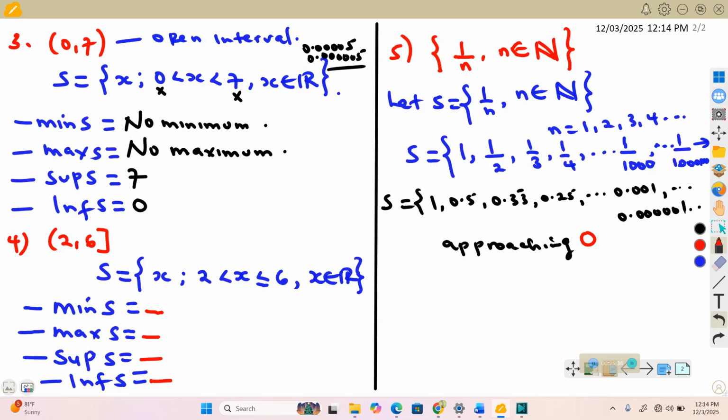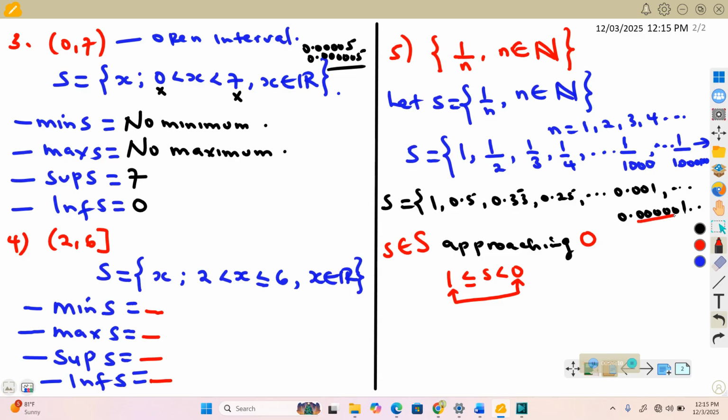So when you look at this set here, you realize this set consists of numbers where, if S is an element from this set, then S is within this range, from 1. 1 is part of this set, but the numbers are approaching 0, which means they might not reach 0.